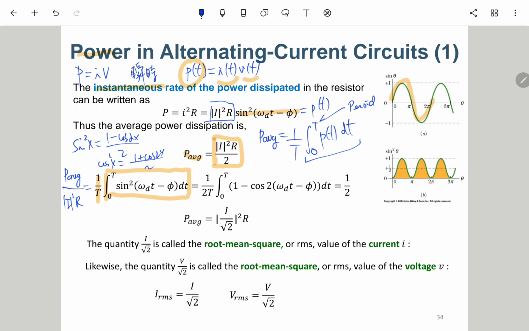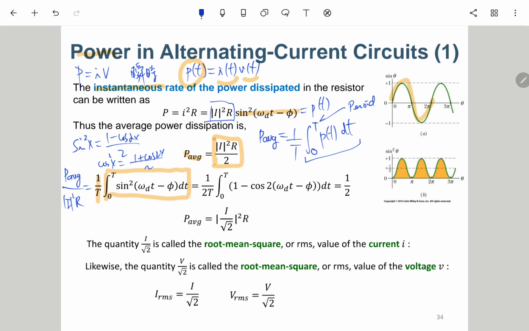You need to know this. So in that case, sine square, okay, we have a 1/2 go to here, 1/2 go to here, and then inside the integration we still have 1 minus 2 times of this stuff, so that we can get rid of this square. Then we can do the integration.